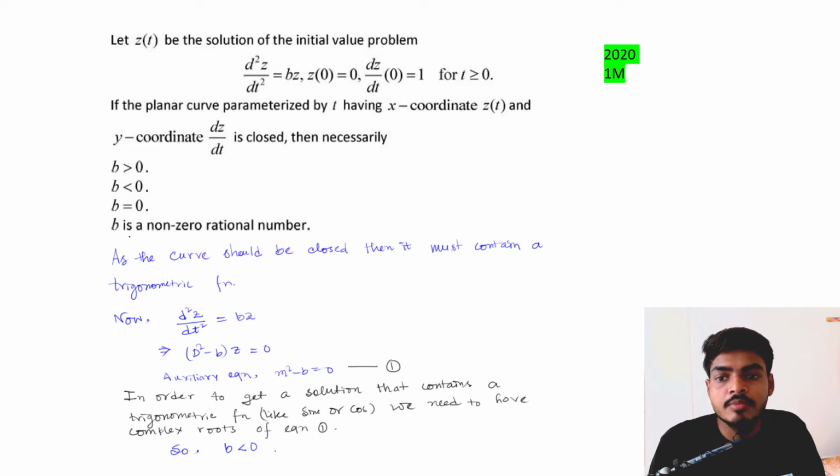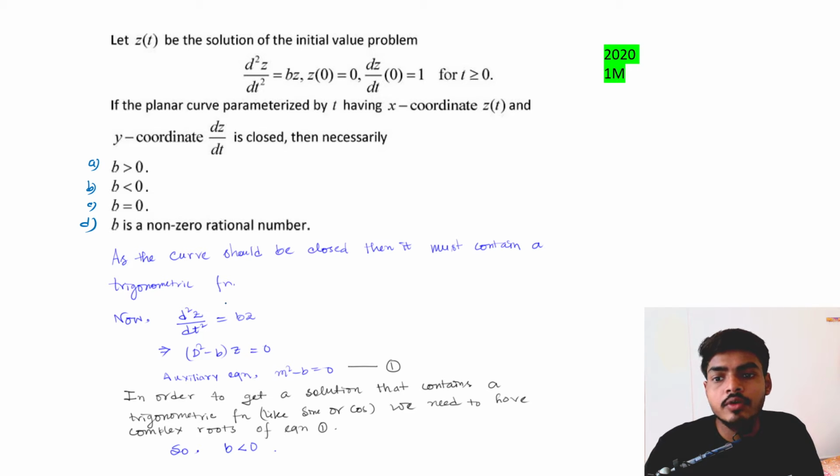Here they have told that b is non-zero. There are four options, a, b, c and d. They have stated that the planar curve is closed. If a planar curve is closed, then one condition it must follow is that it has to be a trigonometric function.